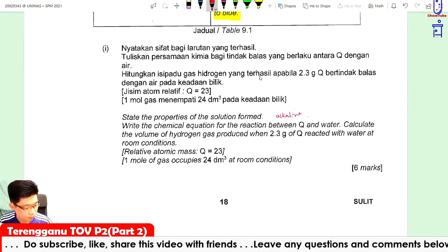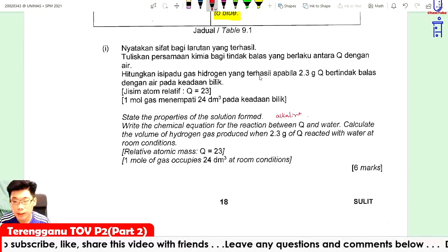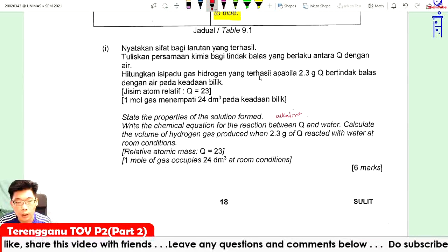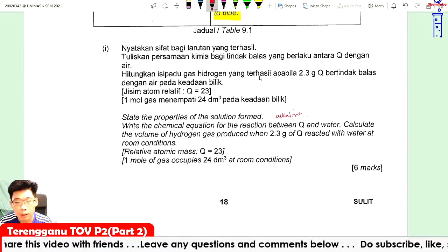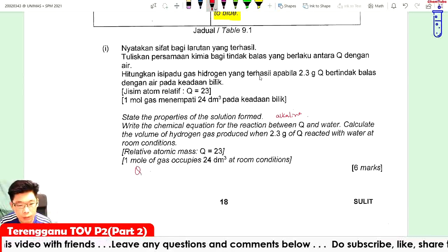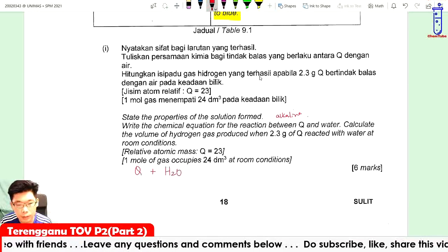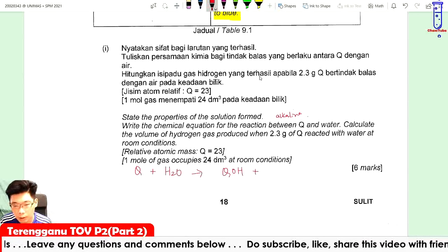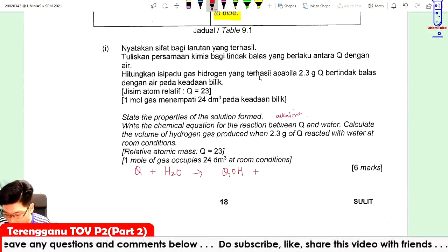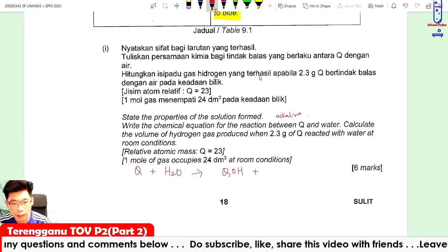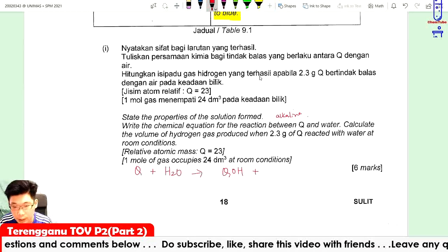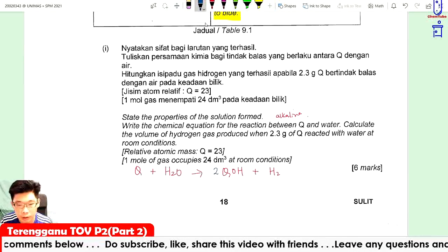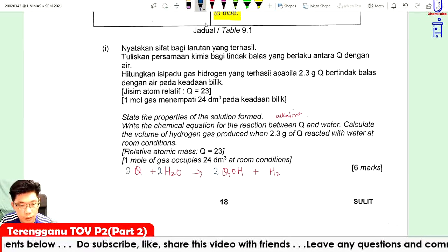Q reacts with water, H2O, to produce QOH and hydrogen gas. We have to balance the equation: 2Q + 2H2O → 2QOH + H2.